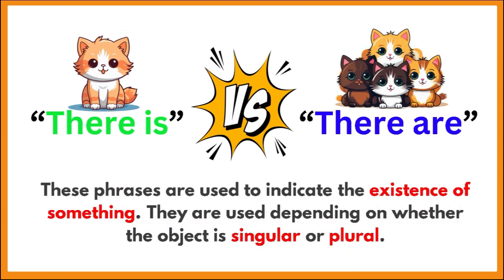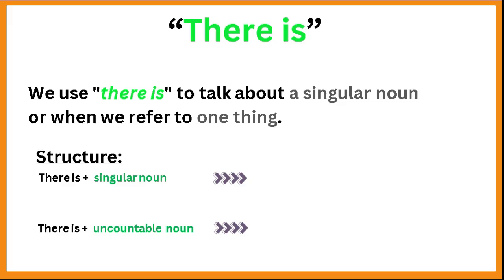There is and there are are phrases used to indicate the existence of something. They are used depending on whether the object is singular or plural. Let's see there is first. We use there is to talk about a singular noun, or when we want to refer to one thing.